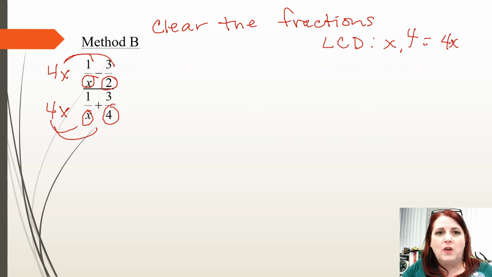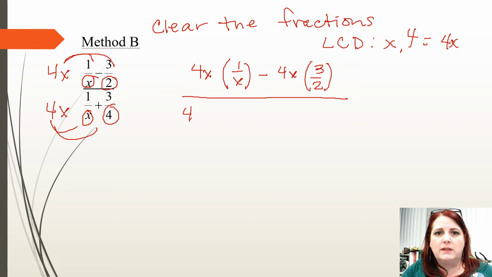So I'm going to have 4x times 1 over x minus 4x times 3 halves. And in the denominator, I'll have 4x times 1 over x plus 4x times 3 halves. When I do this first term, the x's are going to cancel out, leaving me with 4. And I'm going to subtract.